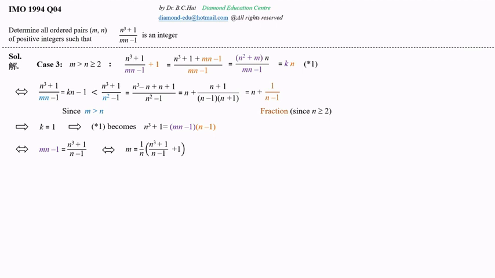Let's see whether we can express m in terms of n. It could be further simplified as n plus 1 plus 2 over n minus 1. We want this whole lot to be an integer, where 2 over n minus 1 obviously should be a fraction. This fraction becomes an integer if and only if n equals 2 or n equals 3.